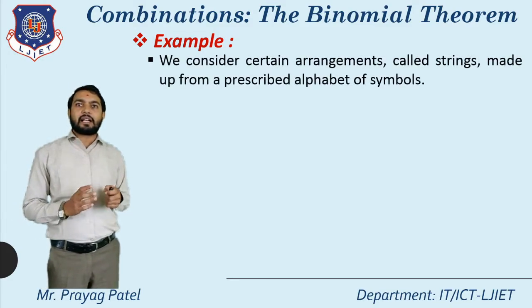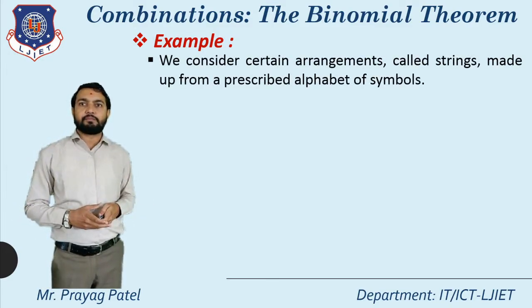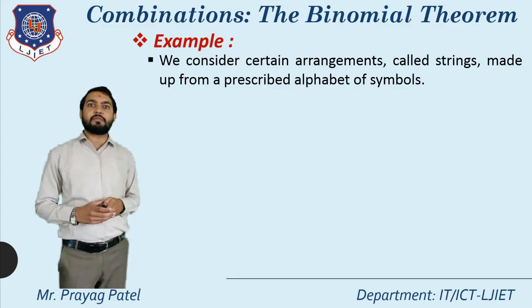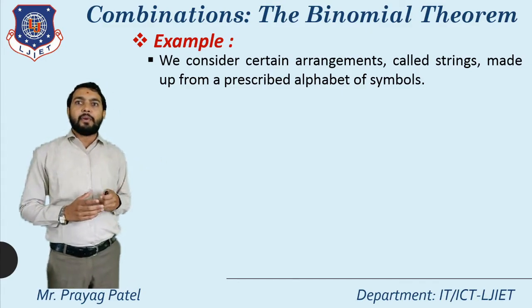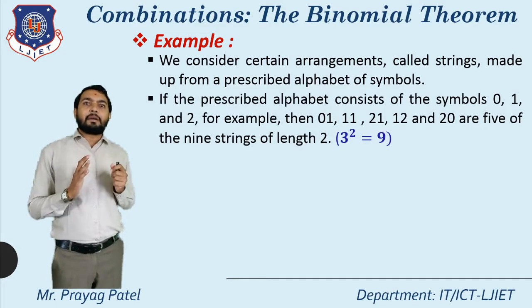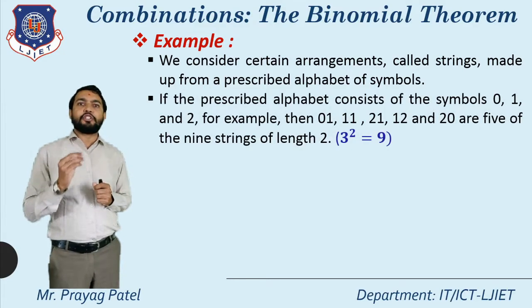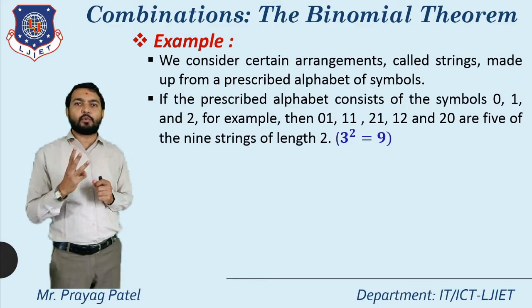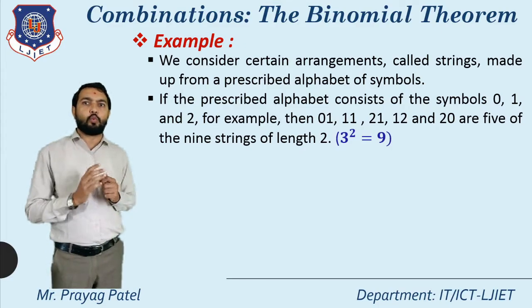Now consider an example of the binomial theorem. We consider a certain arrangement called strings made up from different alphabet symbols. For example, three alphabet symbols are available: 0, 1 and 2.